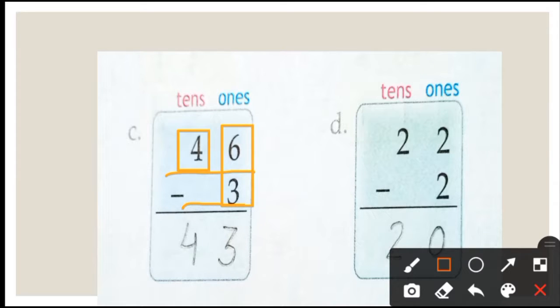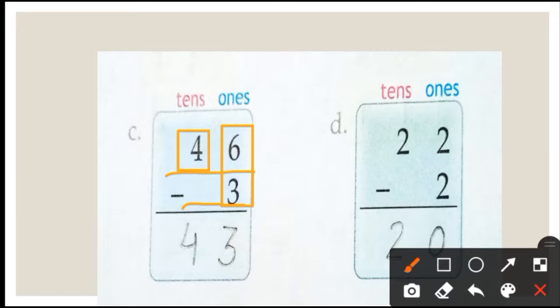For this question we will use our brain method, that is we will keep 6 in our mind and we will count 3 numbers back. First of all we keep 6 in our mind. Let's start.